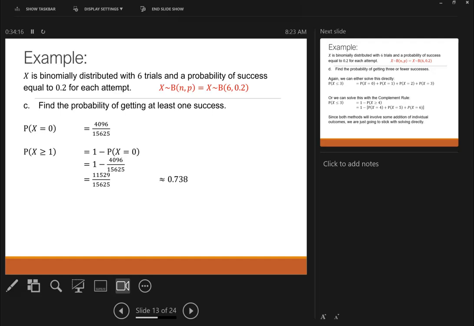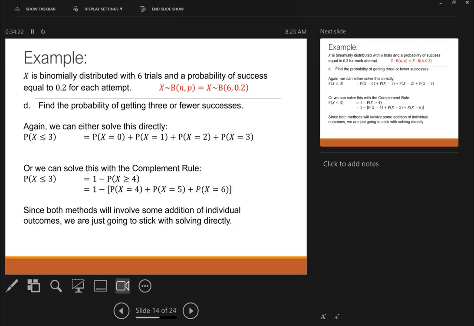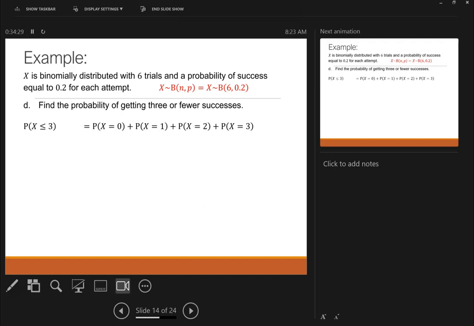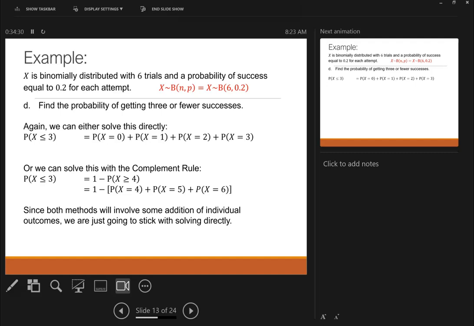That's okay. Not wrong to do that, but kind of a lot of work. Okay.